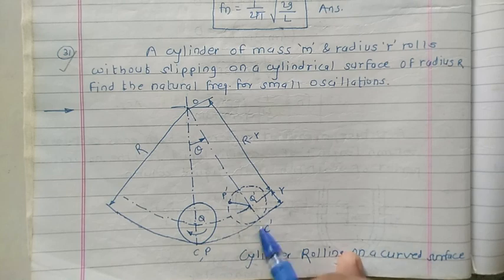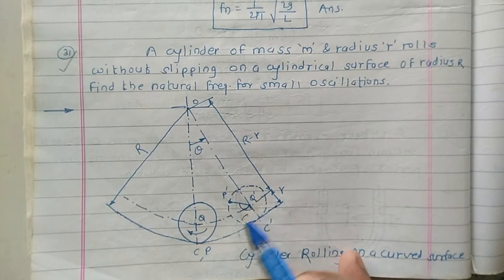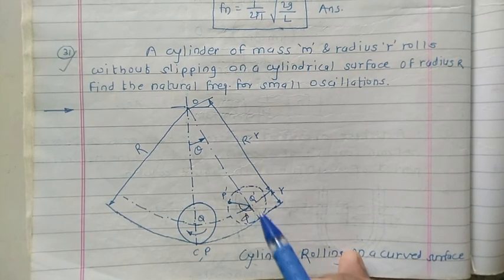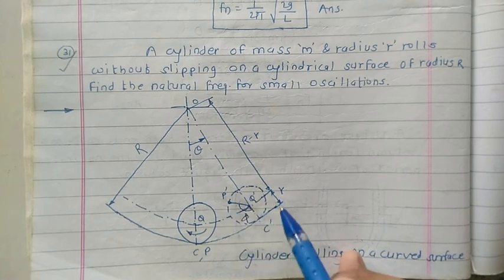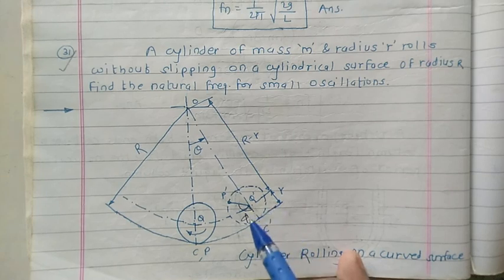So can we write it this way? What about this angle? I'll just say this angle is phi. What about the radius for this cylinder? The radius we consider as small r. So what do we get here? r into phi, because the radius for this portion is r and this angle is phi.